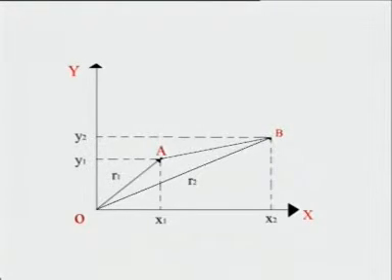Let the object be at positions A and B at times t1 and t2, where vector OA is equal to r1 and vector OB is equal to r2.